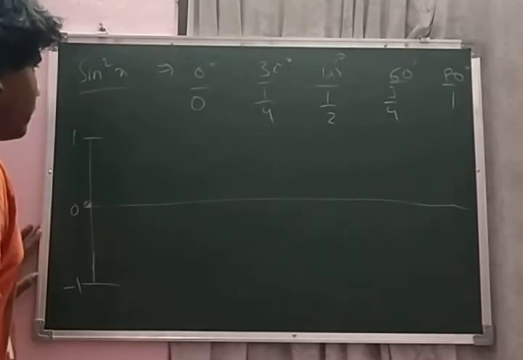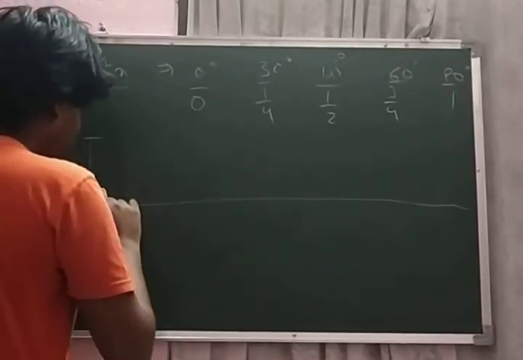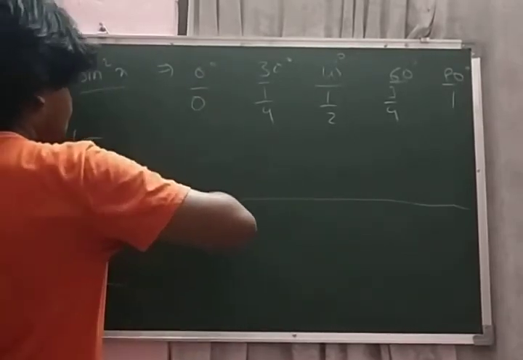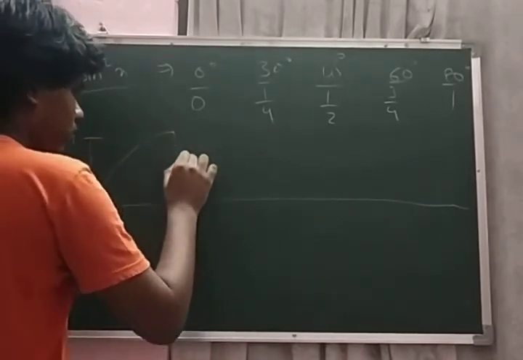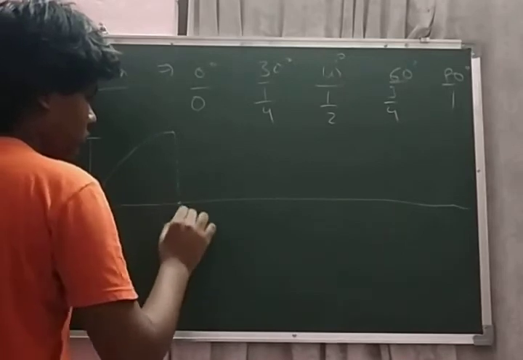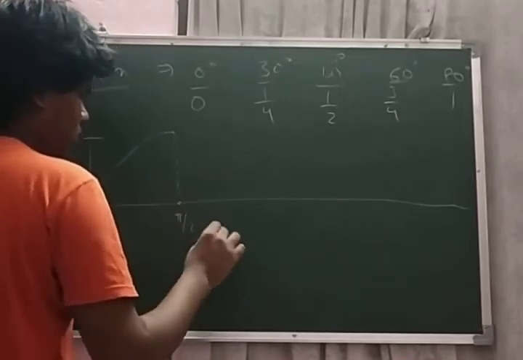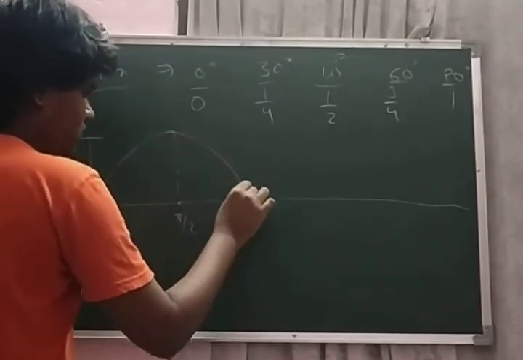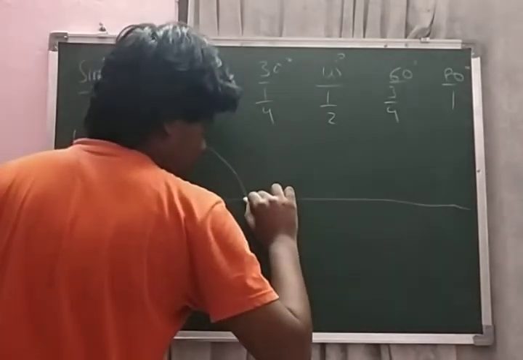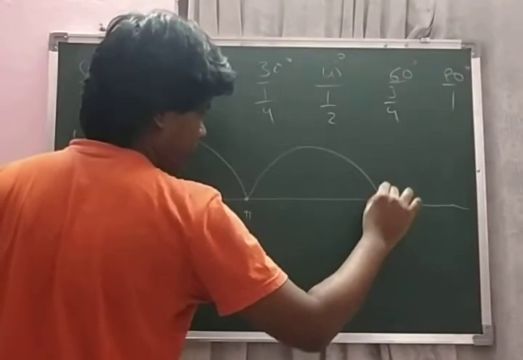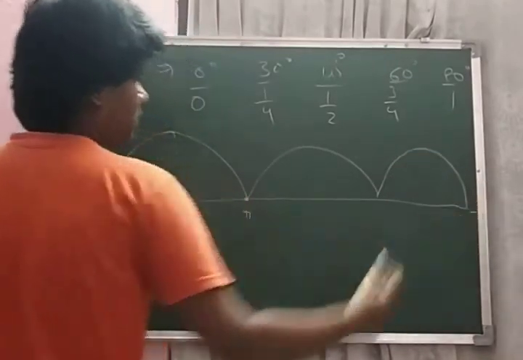So now sin 0 is 0. It starts, and at this point it is pi by 2. Then it reduces. Here it is pi. Again it continues like this and so on.